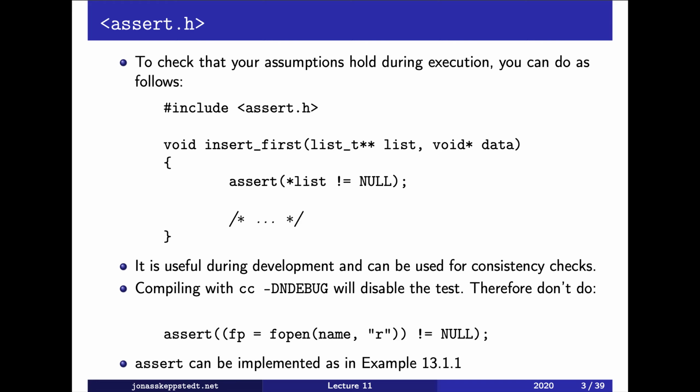And it's abnormal termination if it crashes, then it gets a signal, and it is terminated from this. And this will call the function abort, which will generate the signal SIGABRT, which will terminate the program.